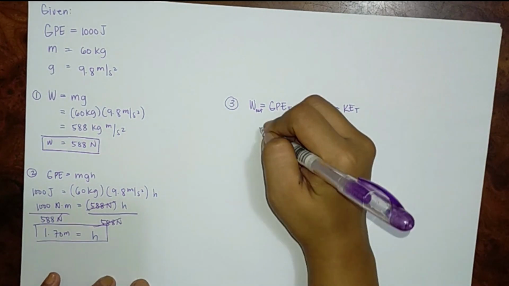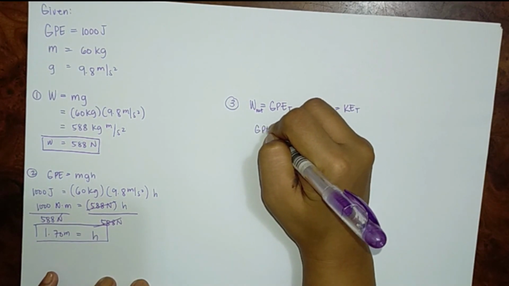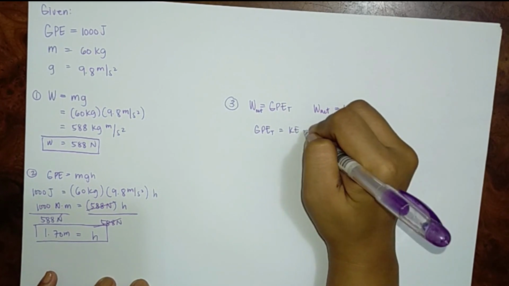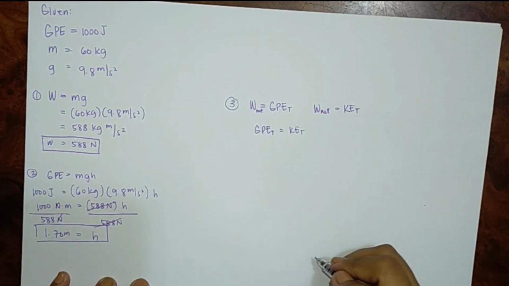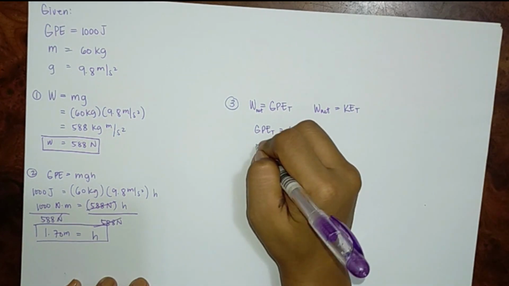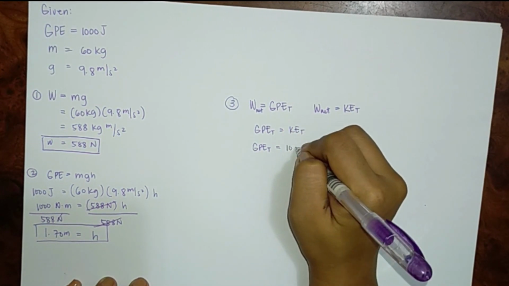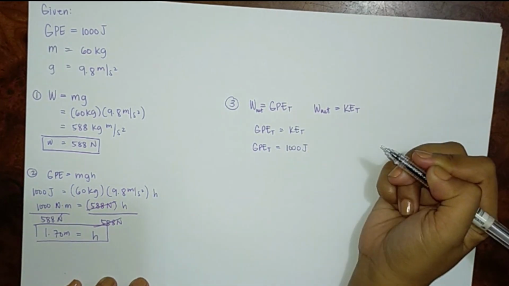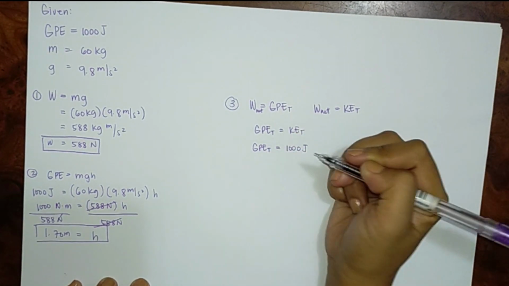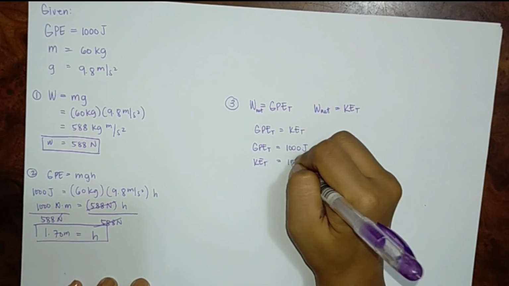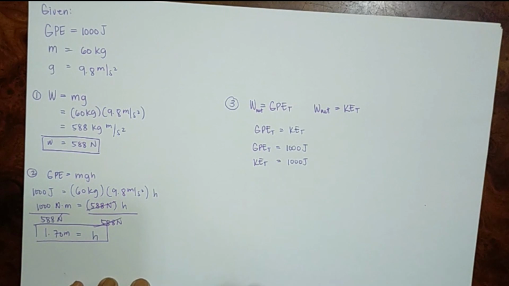Because of that, we can say that GPE total is equal to the KE total. Now, based on our problem, the GPE total is equal to 1000 joules. Therefore, we can also say that the KE total is equal to 1000 joules as well.